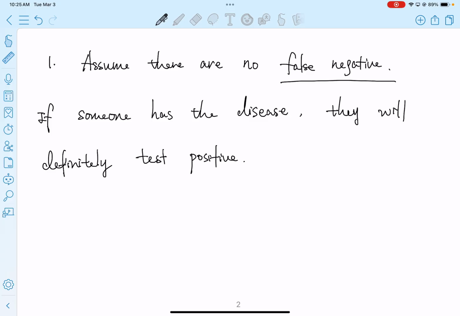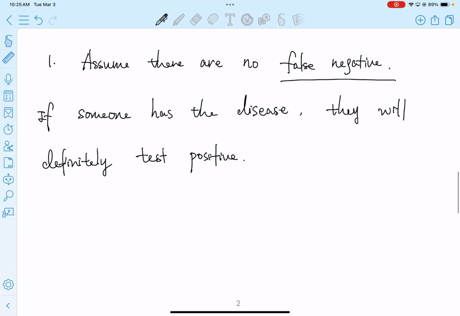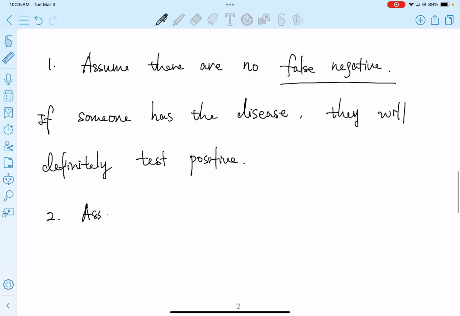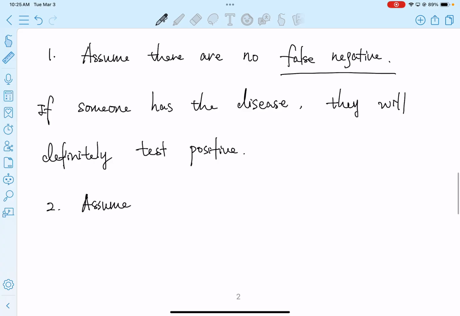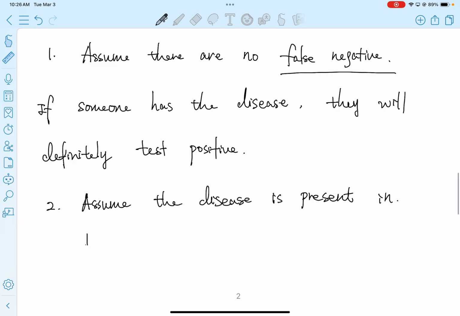Okay, let's provide one more piece of information in this context. We also assume the disease is present in 1 in 1000 people in the population.